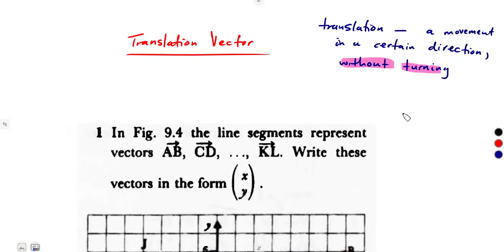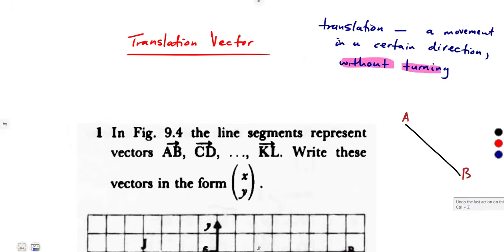Let's say I have A and this is B. I want to move in a certain direction from point A to point B. So we can consider A to be in this way. That's A to B. A vector, a translation, the movement.